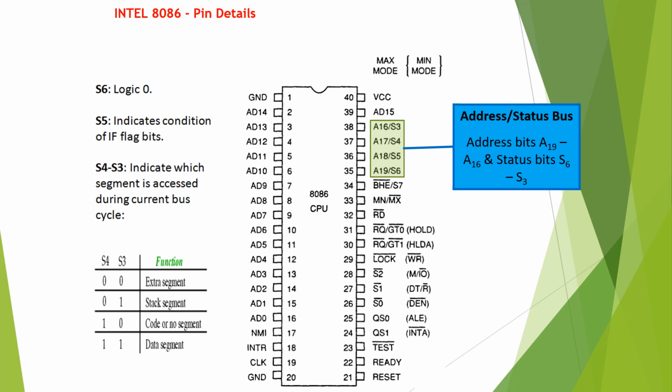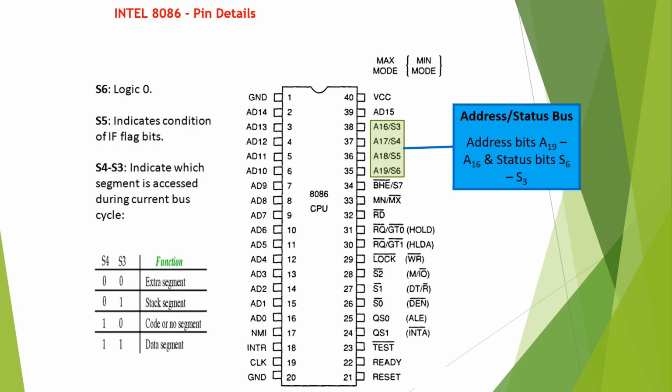S4 and S3 together indicate which segment register is presently being used for memory access. We can see the table here: the S4 and S3 combination determines the segment to be used. When both are 0, the extra segment is used.